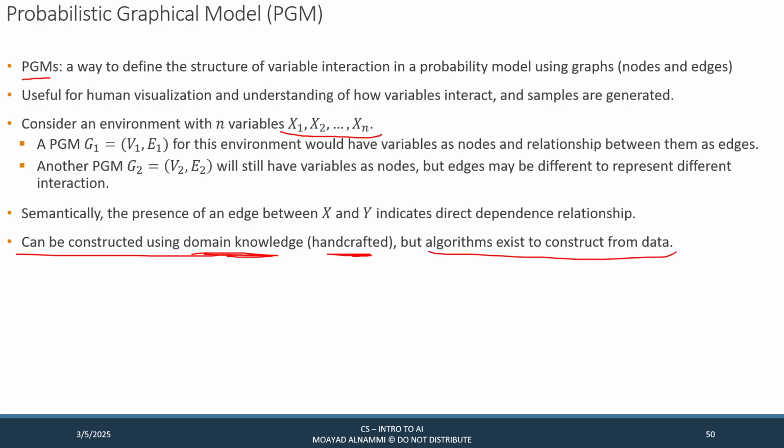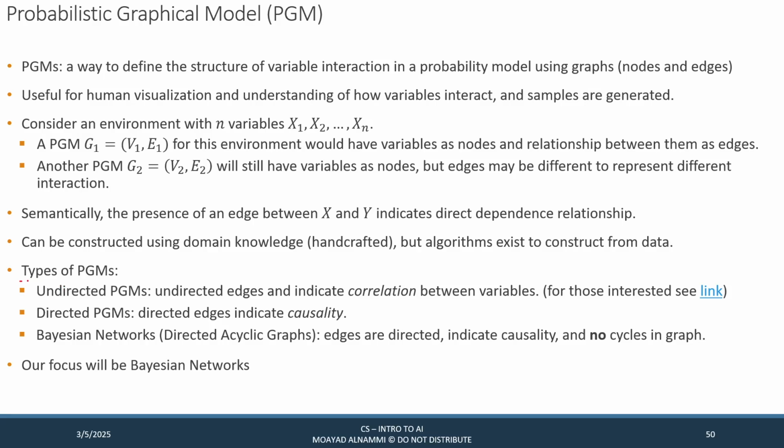We also have algorithms that exist that, given a data set for your problem, these samples from your variables, are able to learn a very good graph to represent the relationship among the variables. What are the types of PGMs? You have undirected PGMs. In this case, the edges are undirected, and so they indicate correlation between the variables.